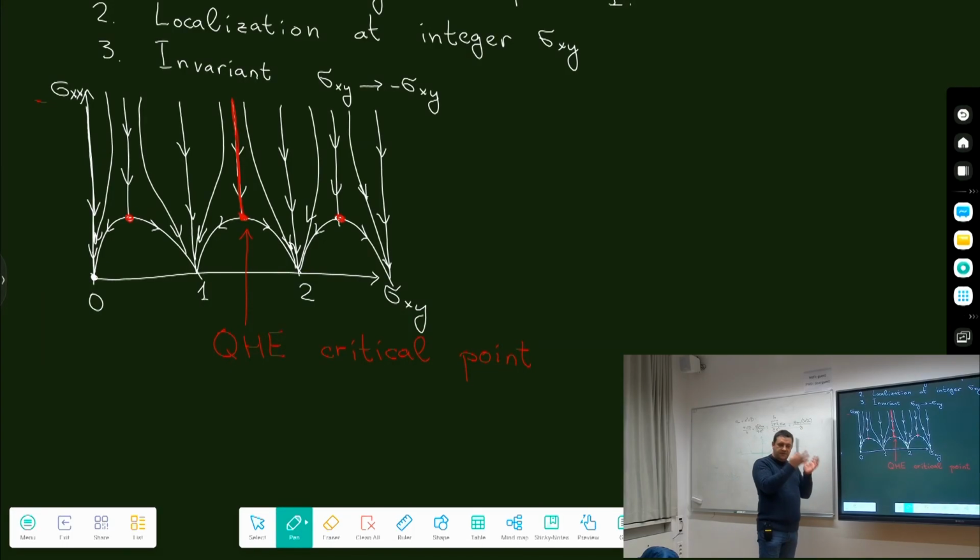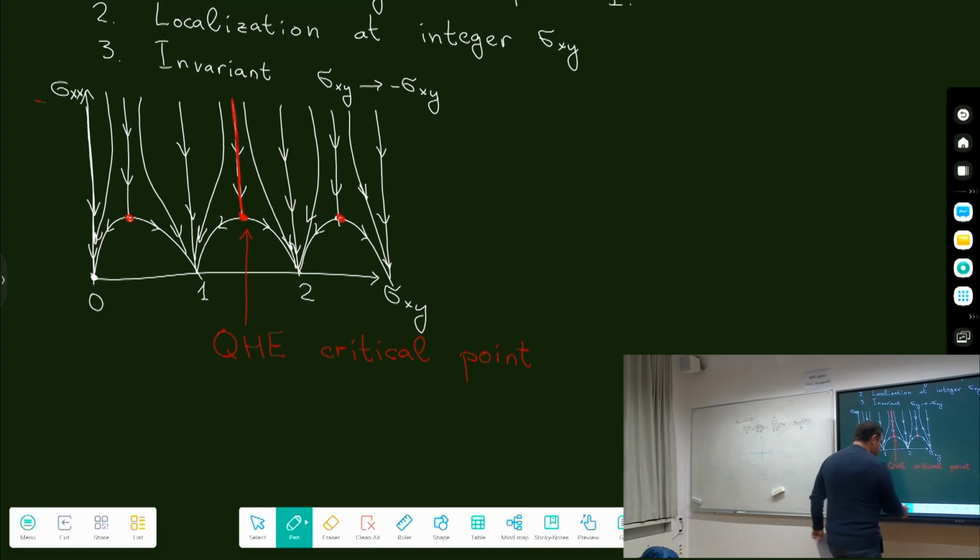So it's exactly the same as in any other phase transition. So it's the quantum Hall critical point, which describes a phase transition between two insulating phases with two adjacent integer values of sigma xy.